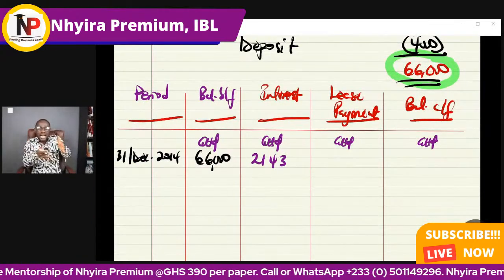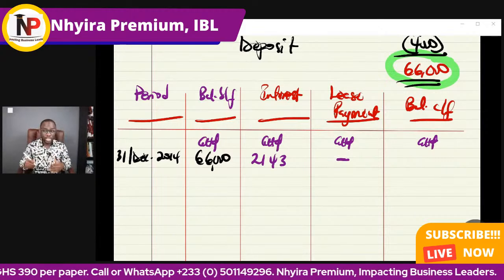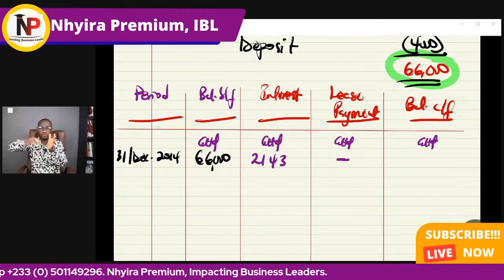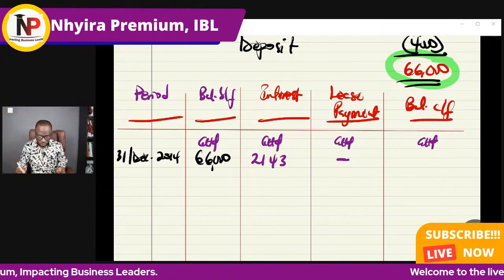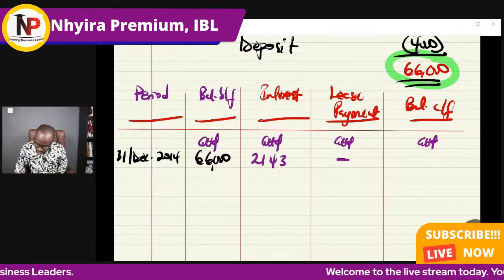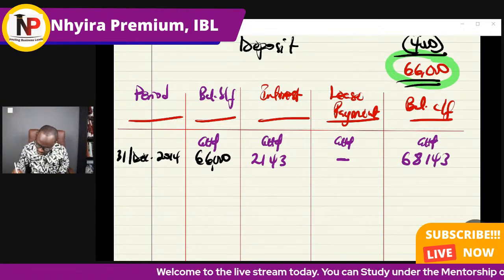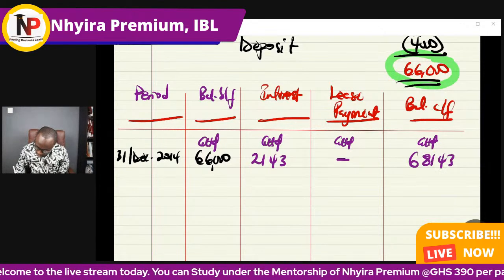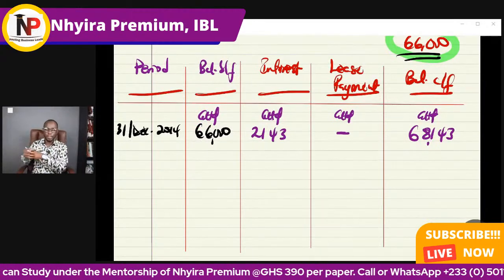Remember, at 31st December, we are not going to be making any payments. So that is going to be dashed because we don't make payments on December. We make payments on every 6 months, March and September. Does it make sense? So if we add it up, the balance carry forward is 68,143. So that is for the 31st December.